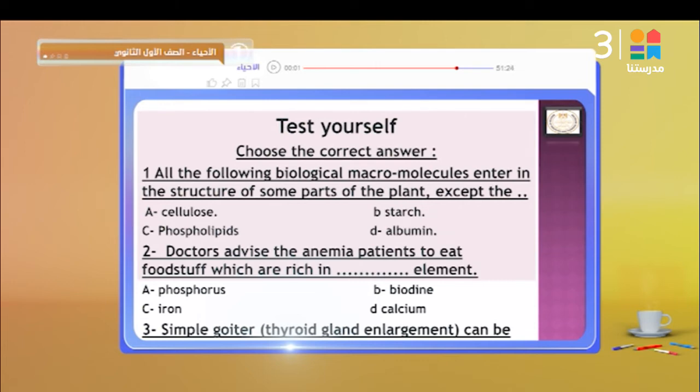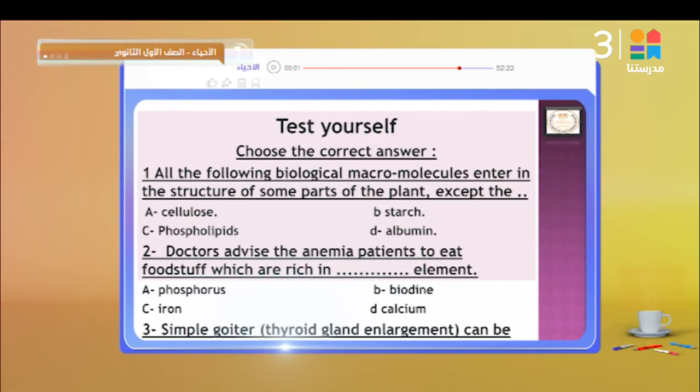We studied it previously in the carbohydrates. Okay? B. Starch. Phospholipids enter the structure of cell membranes of the cells. Albumin enters the structure of root and leaves. So the starch is not from this choice. It is the best right answer, B, starch, does not enter the structure of the plants.